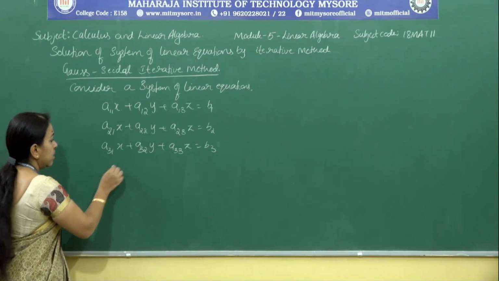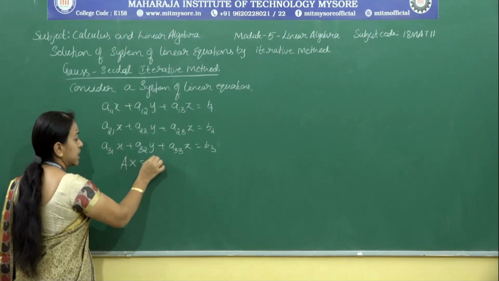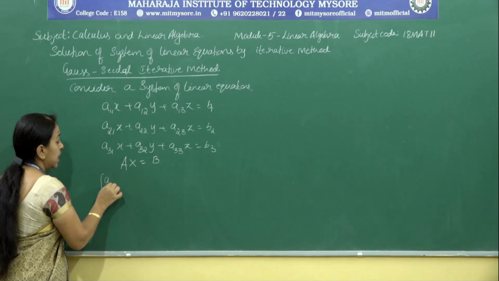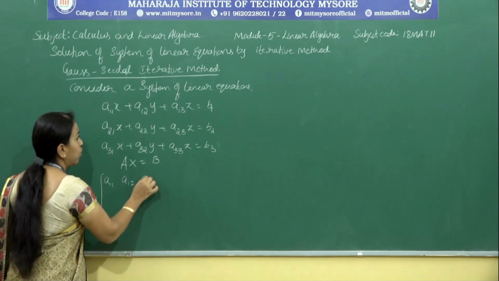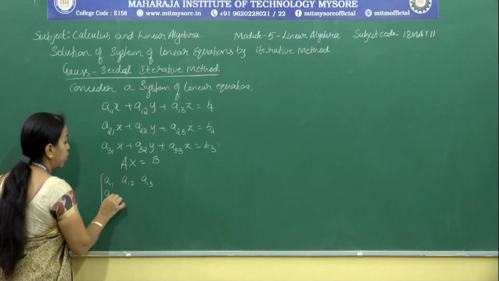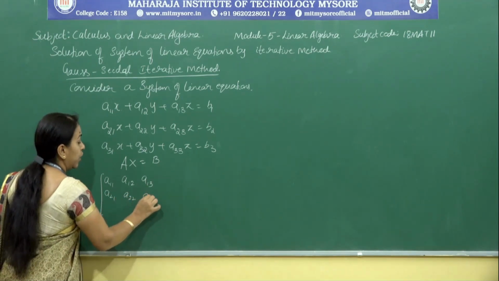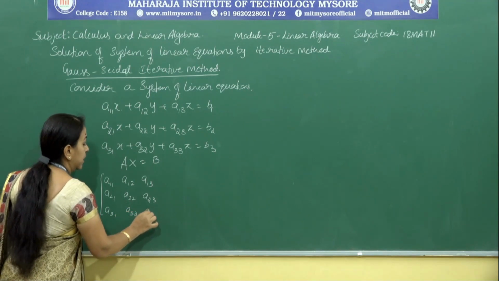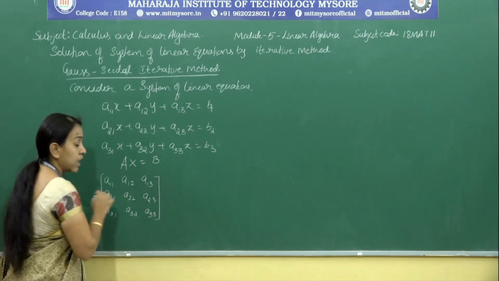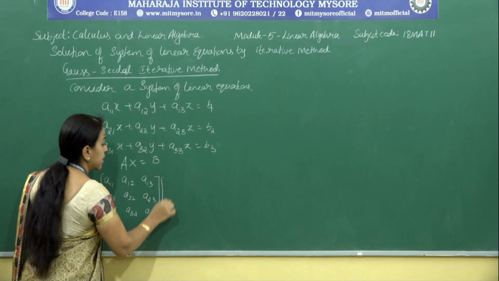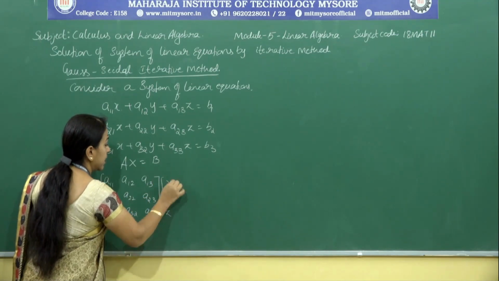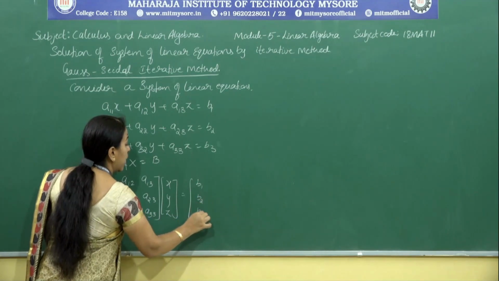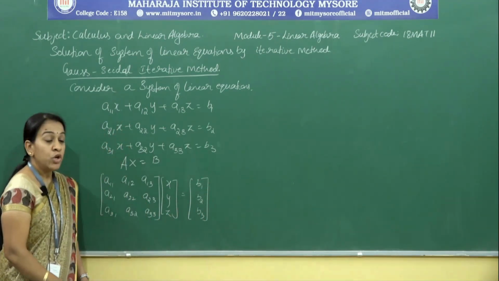So let me write that. This can be written as AX equal to B. The matrix with rows a11, a12, a13, a21, a22, a23, a31, a32, a33 is the coefficient matrix A, the matrix X is x, y, z, and it equals the matrix B with b1, b2, b3.